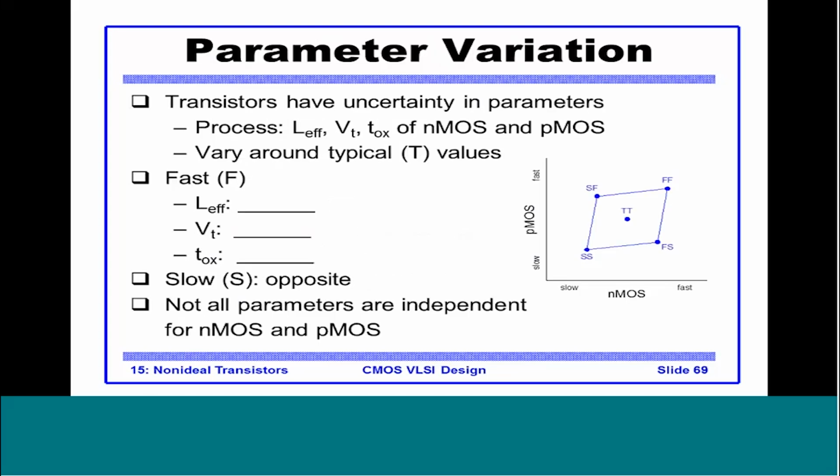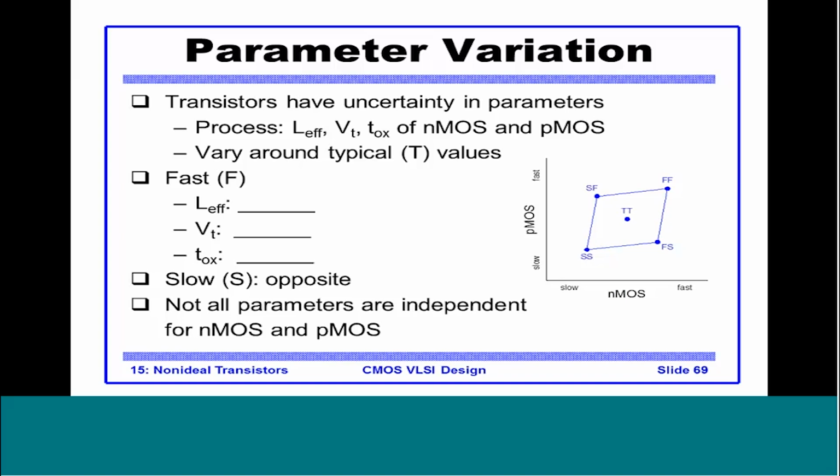Whenever devices are fabricated, not all devices on a chip are identical. VLSI fabrication is one of the most sophisticated and one of the most complex manufacturing techniques on this planet. What it also means is that, let's say for a particular technology, for let's say 40 nanometer, the fabrication will set the feature size to be 40 nanometer, but not all devices on that chip will exhibit a 40 nanometer channel length.